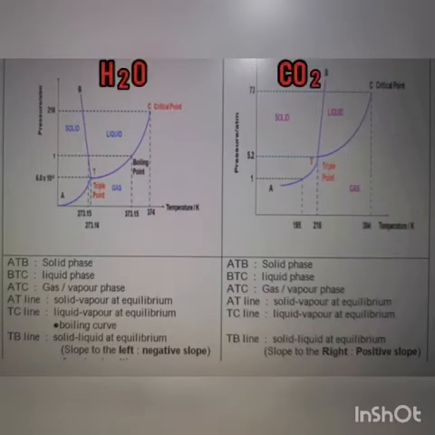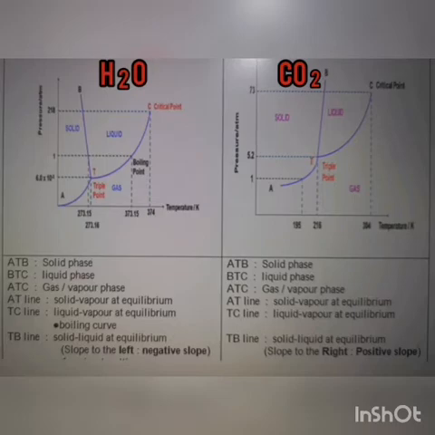So, if you take a look at the comparison between both diagrams right now, first we have CO2, second we have H2O. Actually, for the regions of single phase, it is the same in both: ATB represents solid phase, BTC represents liquid phase, ATC represents gas or vapor phase.